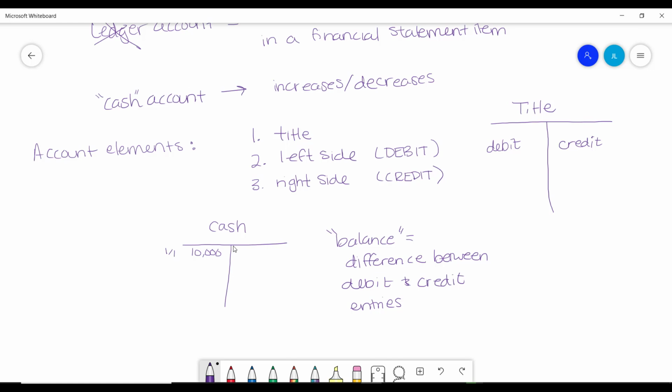But what if I debited the account, meaning put extra on the left, debited the account for $1,000 on January 2nd? All of a sudden now I have $11,000 as my balance because I'm adding together all the debits and credits, and there's only 2 debits here. That would mean I have an $11,000 balance. But what happens as soon as I credit the account, let's say for $5,000?